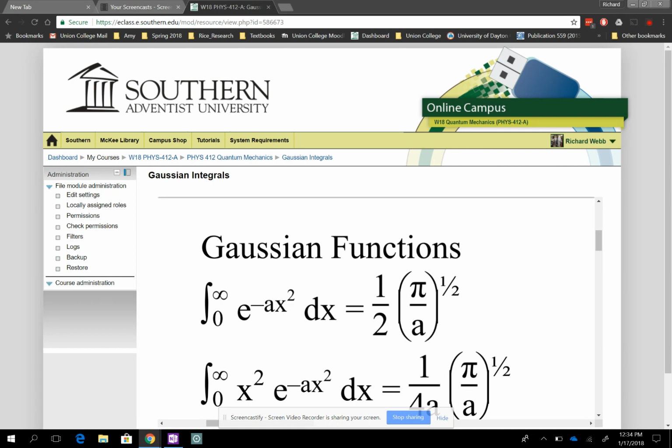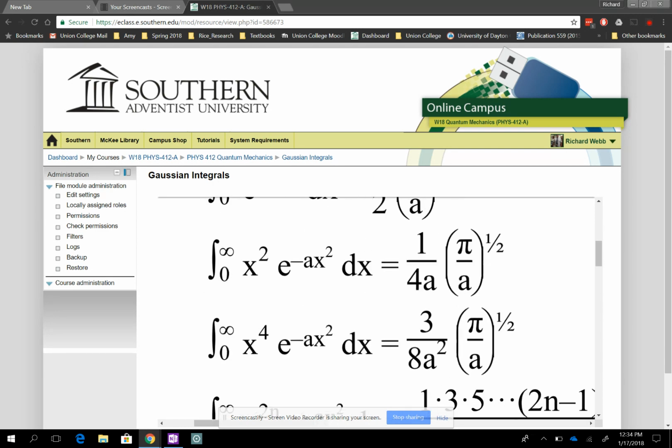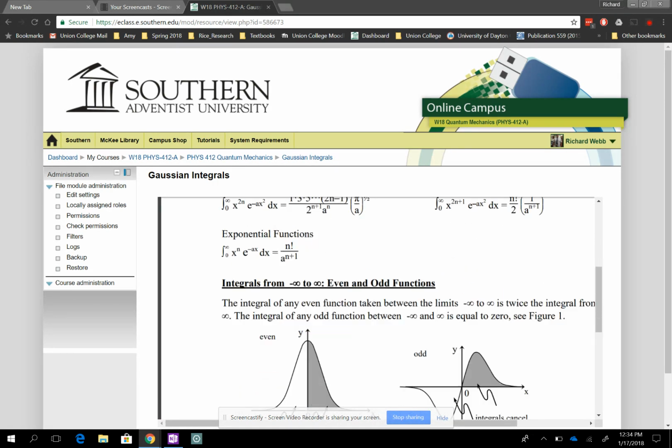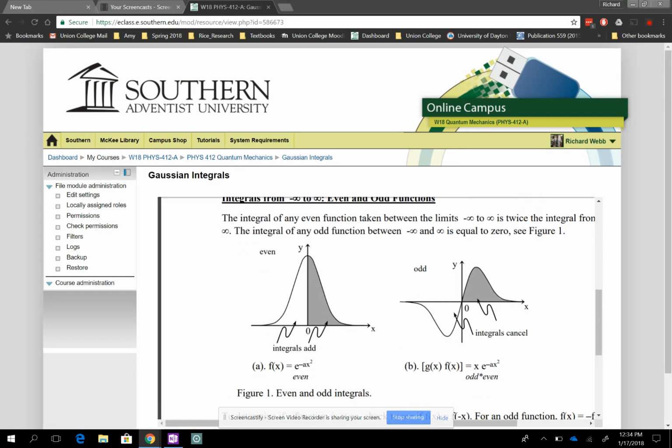If it doesn't change, it's an even function. If it changes from positive to negative, it's an odd function. If it does something else, it's neither. So this is an even function. And so for even functions, when you integrate the even function, you're going to have the same thing on both sides of 0. And so you just double it going from minus infinity to plus infinity.